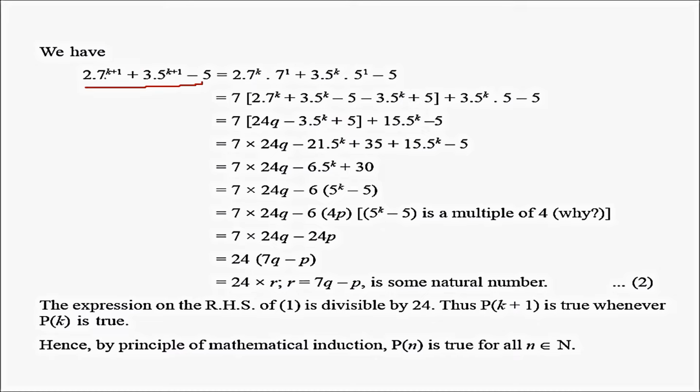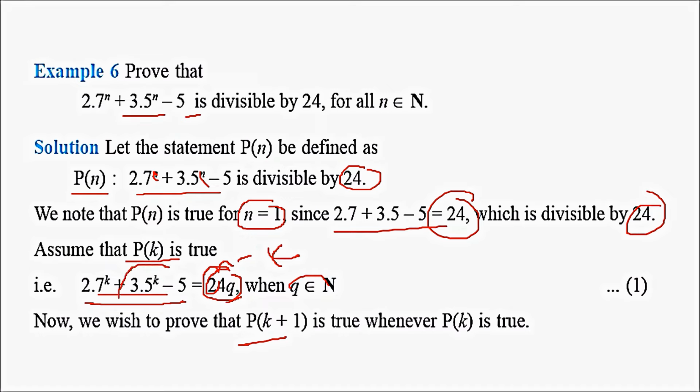This one we take: 7 to the power k plus 1 is 7 to the power k into 7. Here also 5 to the power k plus 1 is 5 to the power k into 5 to the power 1. And in this case, just take 7 common, and inside this you are left with 2.7 to the power k. What I am trying to do here is add this value, and we'll also subtract it, because if I am adding we have to subtract also, because this was nowhere.